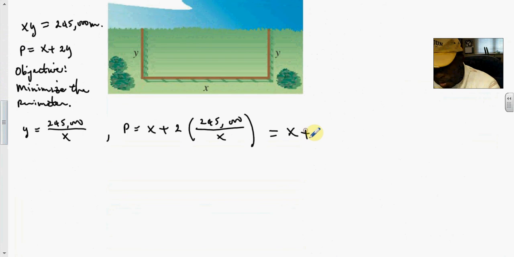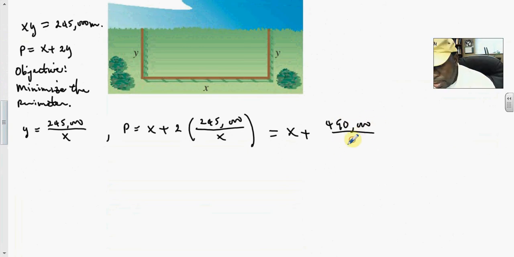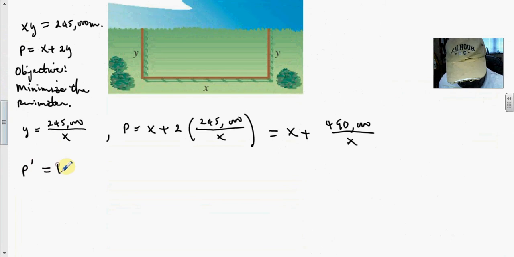This is x plus 490,000 all over x. So P prime is 1 minus 490,000 over x squared.